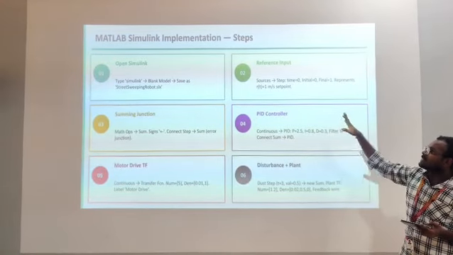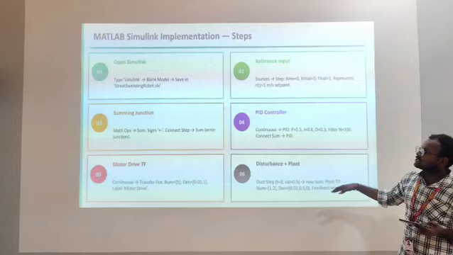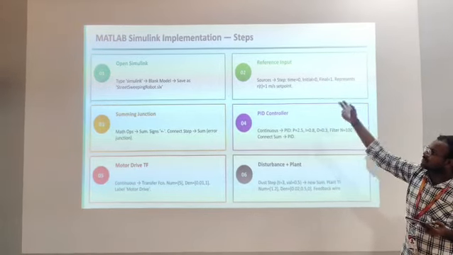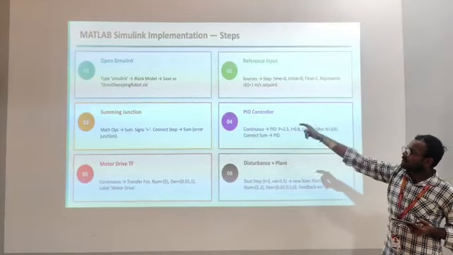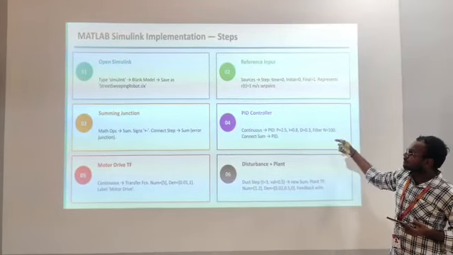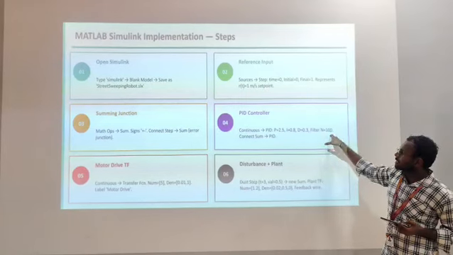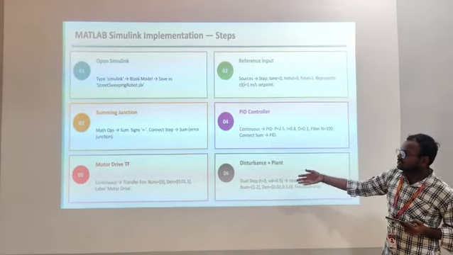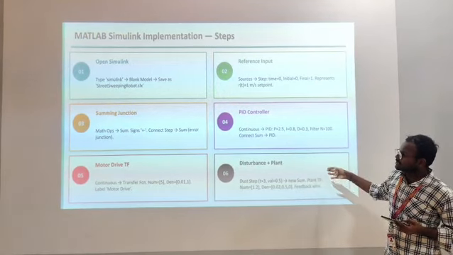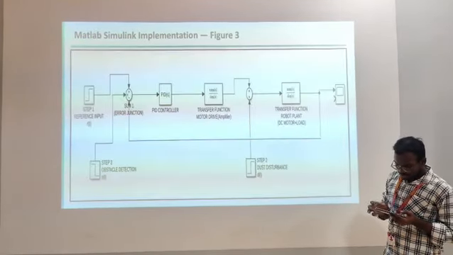And here is the Matlab Simulink implementation, and here are the steps: opening Simulink, giving the reference input and making a summing junction, providing values to the PID control, giving the transfer function to the motor drive and disturbance system.